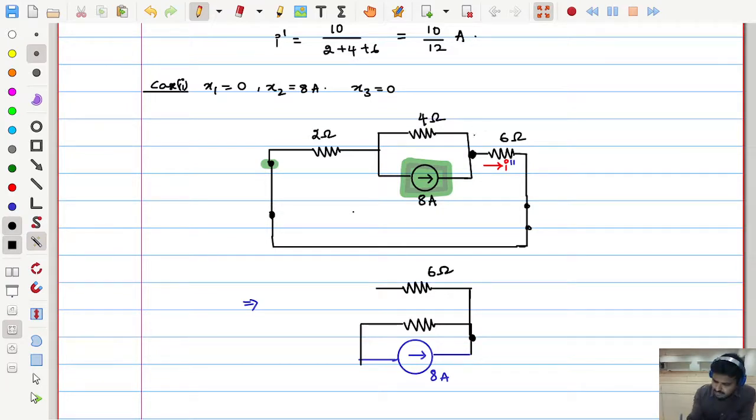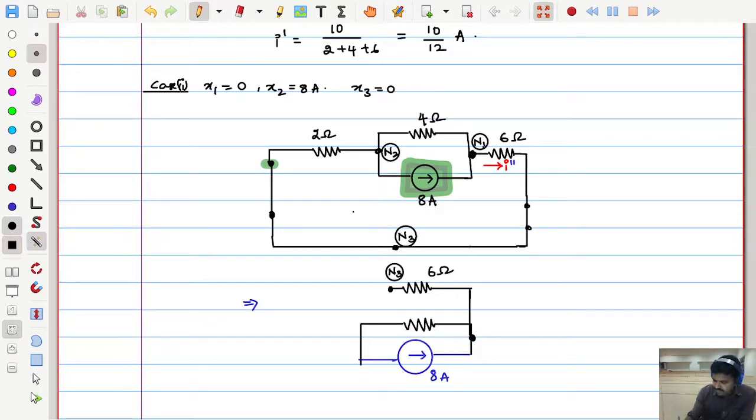Let me name this as node N1, this as node N2. Between N1 and N2, what elements are connected? Let me say this is N3 also. So 6 ohms is connected between N1 and N3 in the downward way, but I want to bring that upside, in this way, that this is N3.